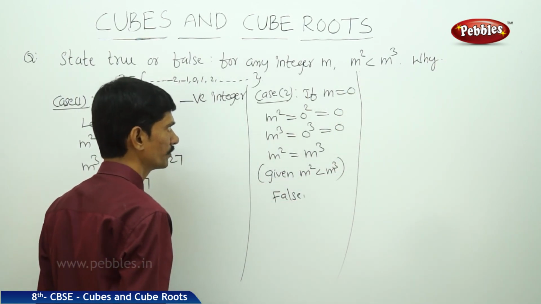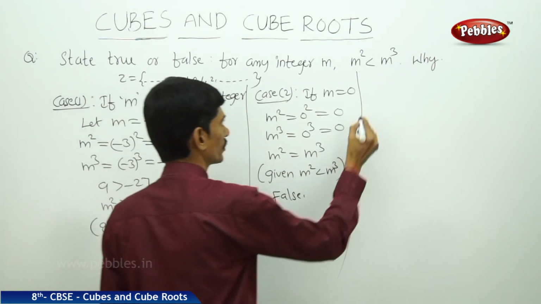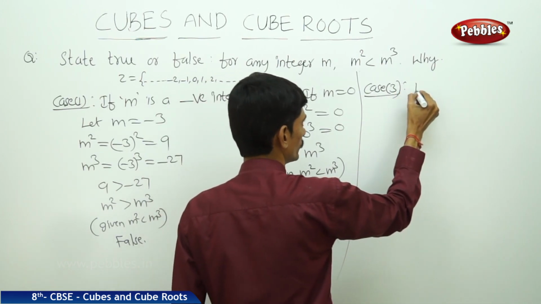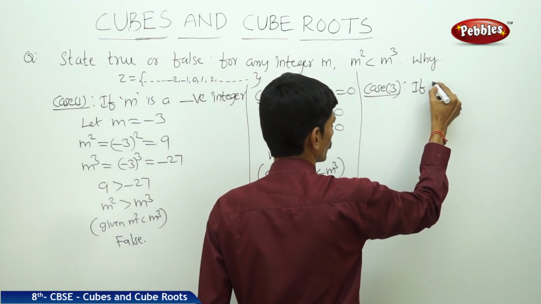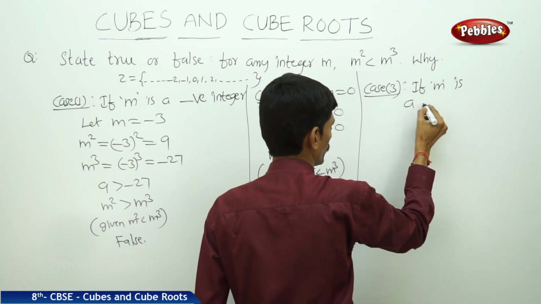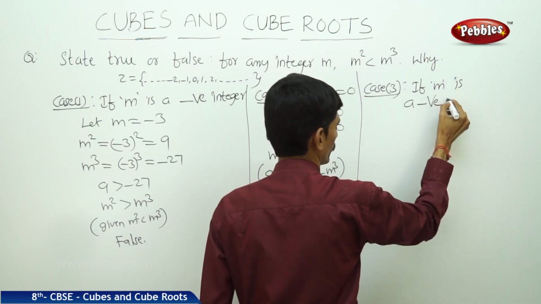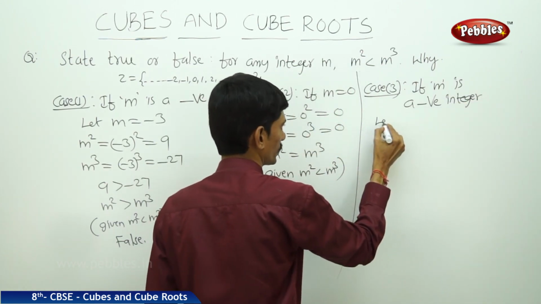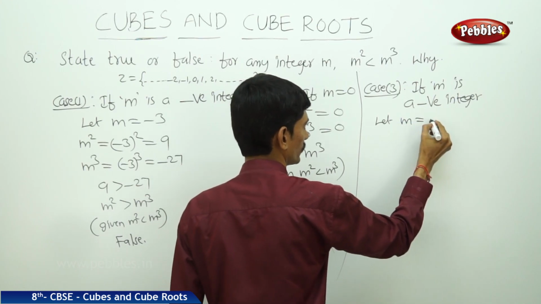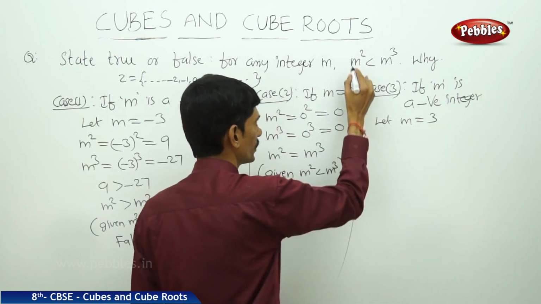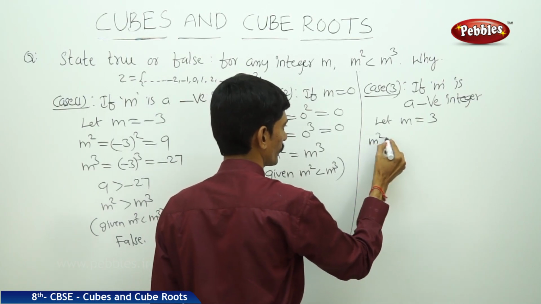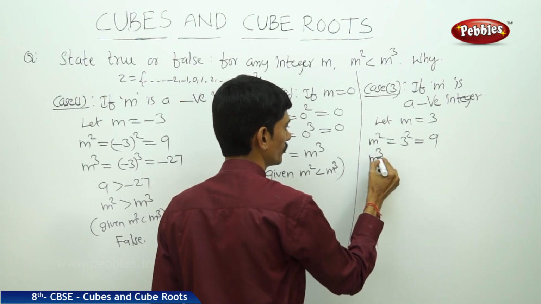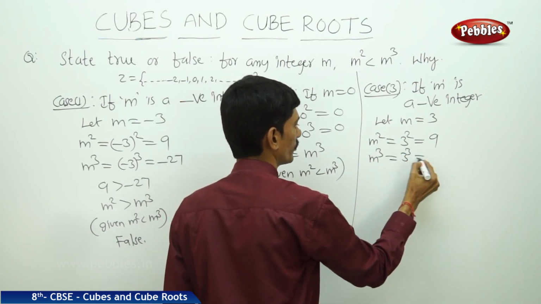Now let us check any positive integer. Now case 3, if m is a positive integer, so let m equals 3. Now we will find the m square value. 3 square equals 9, and m cube value, 3 cube equals 27.